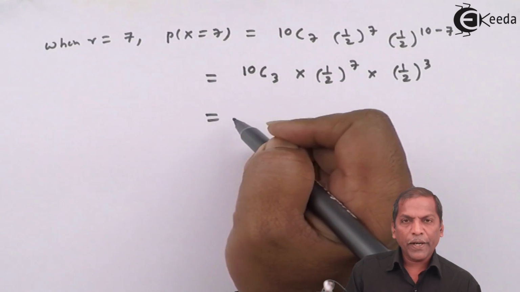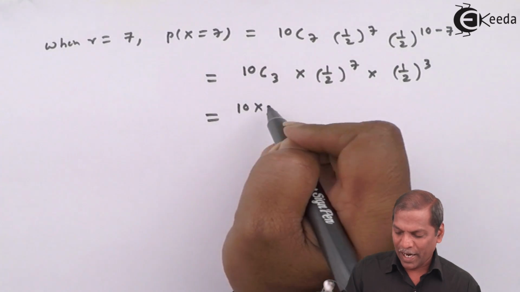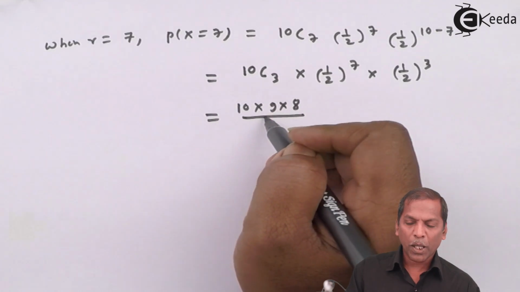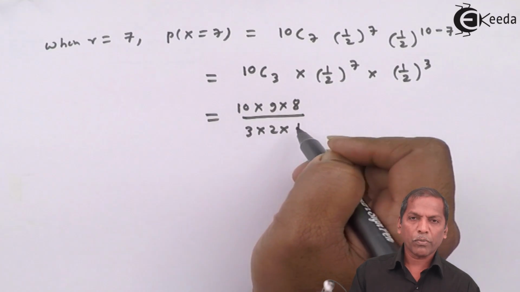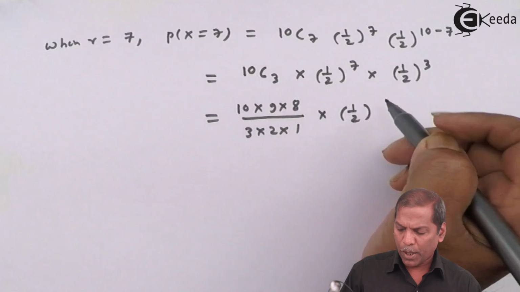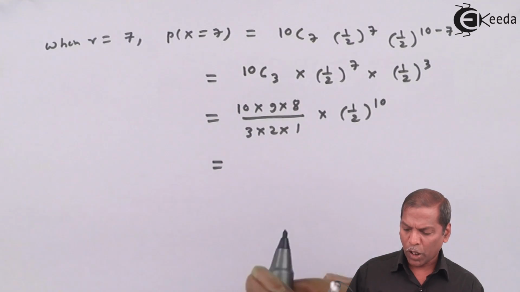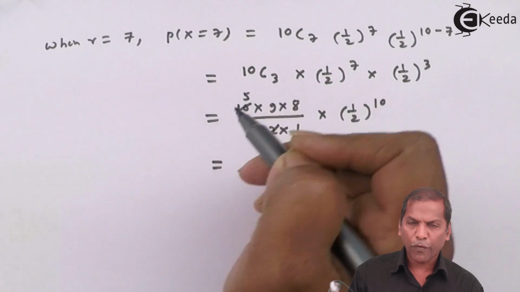Now 10c3 can be calculated as 10 into 9 into 8, total 3 numbers in the numerator, upon 3 into 2 into 1, into 1 upon 2 raised 10. Now we go for cancellation: 2 ones are 2 and 2 fives are 10.